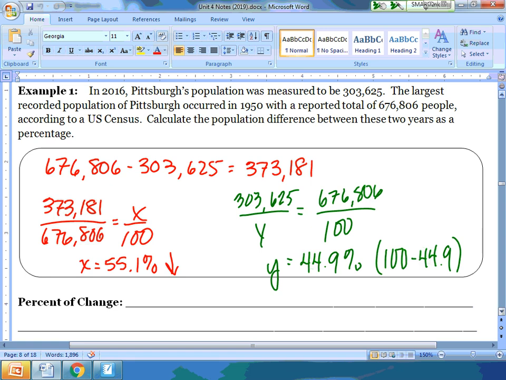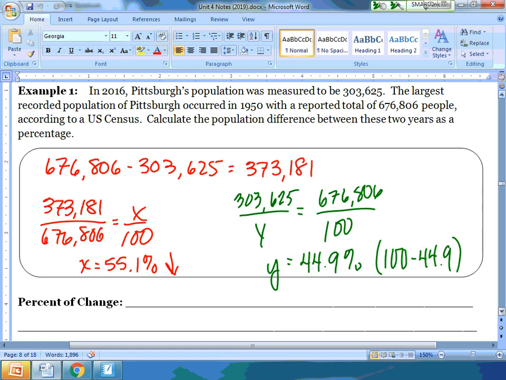So that means that we must have lost 55.1%. If you recognize that, some of you might have got this answer and been like, oh, it's a 44.9% decrease. That doesn't mean that. It means that the new population is 44.9% of what it was 66 years ago. So we have to be able to interpret the numbers as they come out to us to get that number there. Anybody do it differently and still get the same answer?